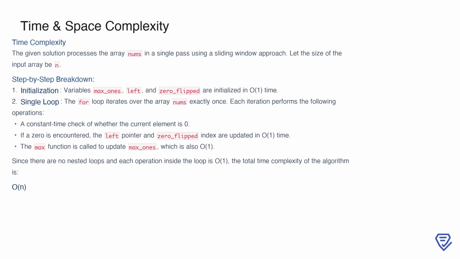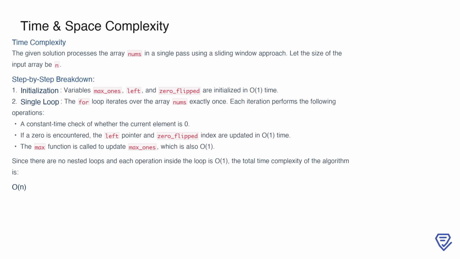In this solution, we are using a sliding window approach to process the array nums in a single pass. The size of the input array is denoted as n. First, we initialize three variables, max_ones, left, and 0_flipped. These operations take constant time, or O(1). Then, we enter a single loop that iterates through the array exactly once.